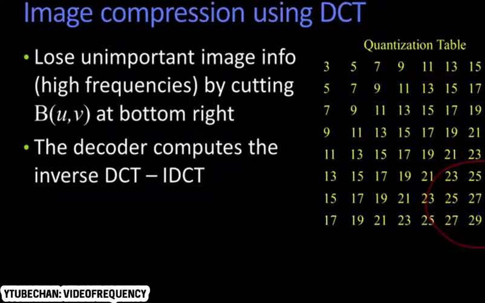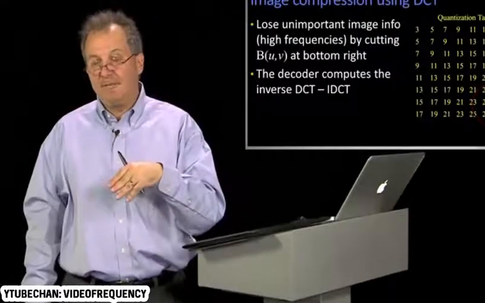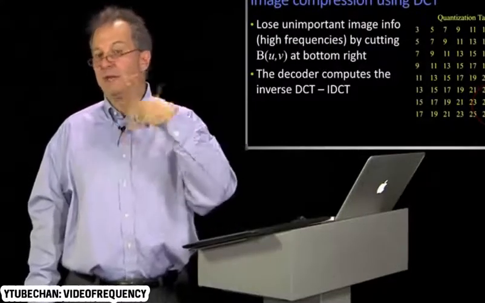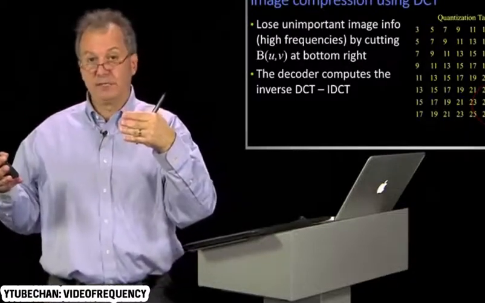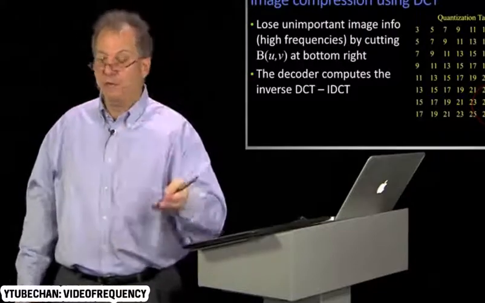IDCT, inverse DCT, given those coefficients, I can reconstruct the image. But now, instead of maintaining all those coefficients exactly, I'm only going to keep more information about the low frequency coefficients than I am about the high frequency coefficients. And that works really well for the human vision system.